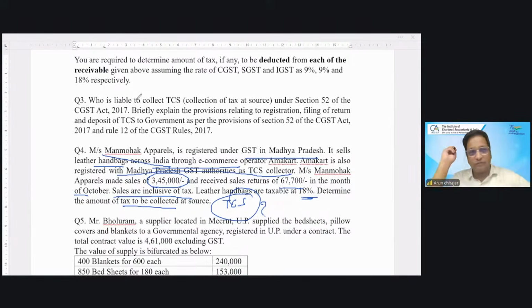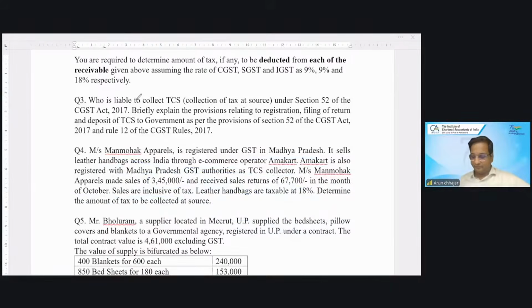Just wait for 1 or 2. कि TCS की रेट क्या है? What is the rate of the TCS?